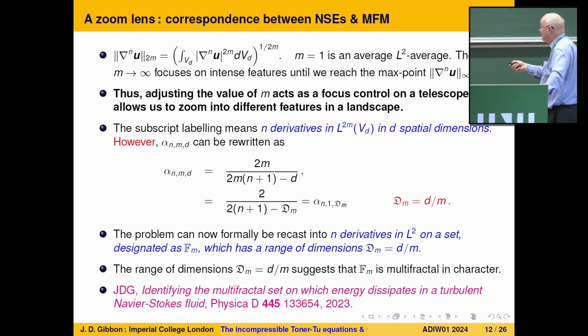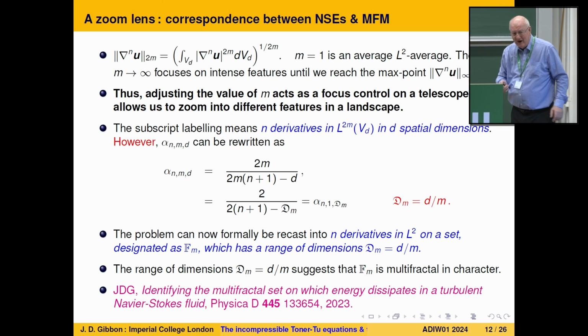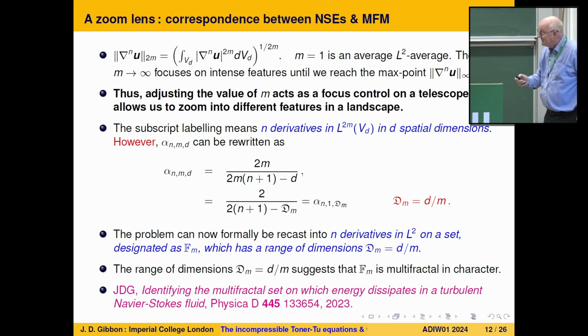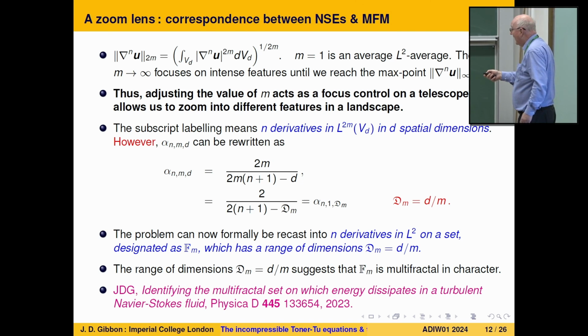And so, essentially, whereas that is talking about n derivatives in L2M over the full dimensions, it's exactly the same alpha as if you're now in just L2 of a set whose dimensions are now 3 over m. Okay, and that's exactly like a multifractal set where you've got a whole range of dimensions. Okay, so I'm going to call that set Fm, and it suggests Fm is multifractal in character.